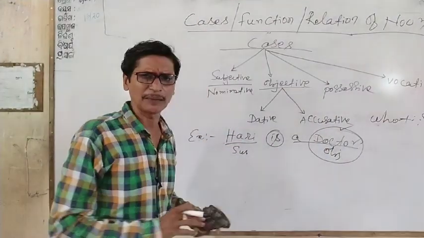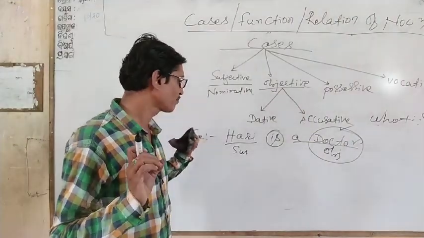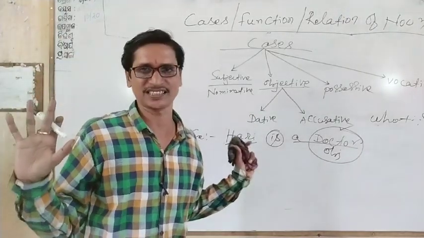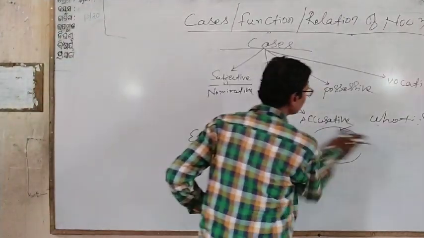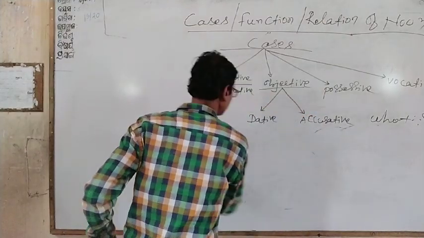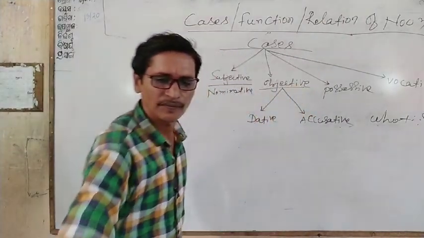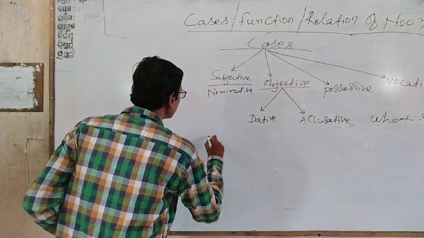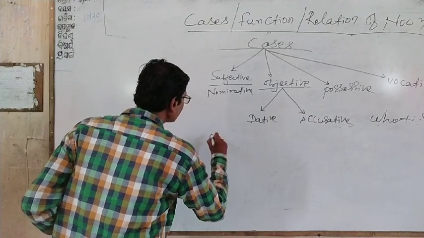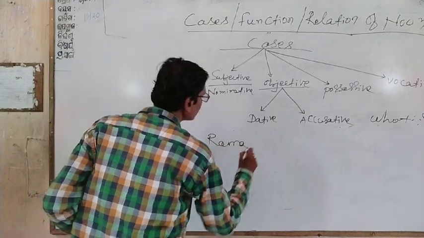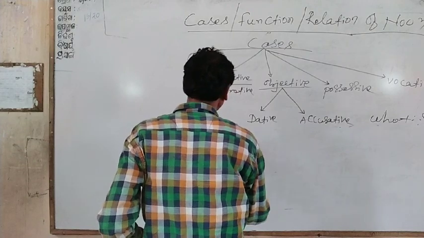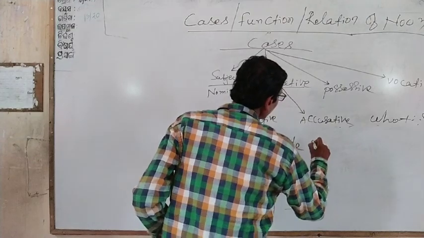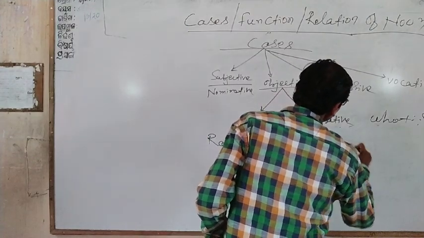Okay, but sometimes the transitive verbs have more than one object. Let's write a sentence. Ramesh made Hari a doctor.